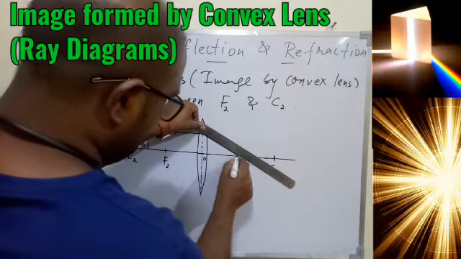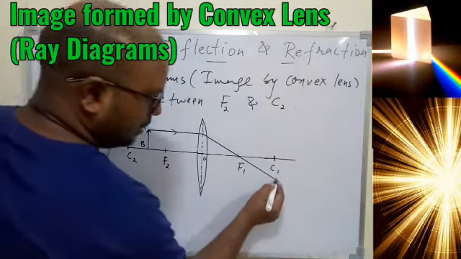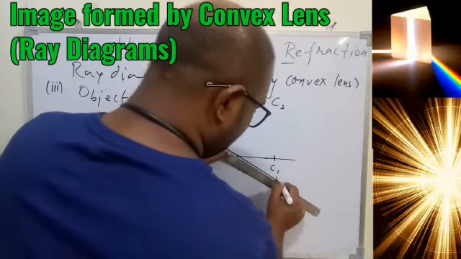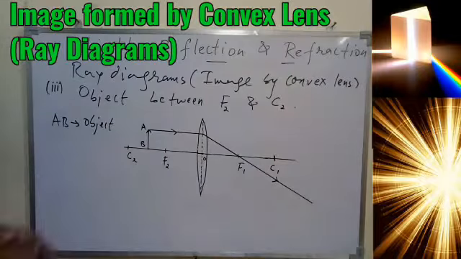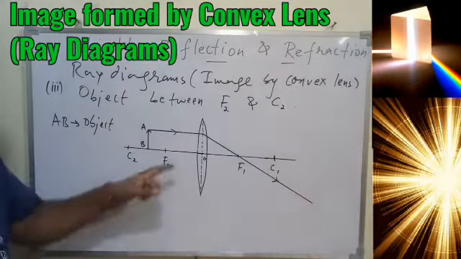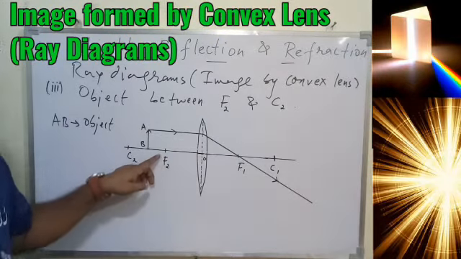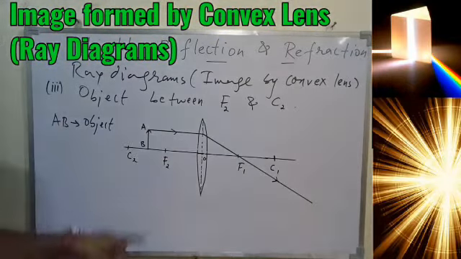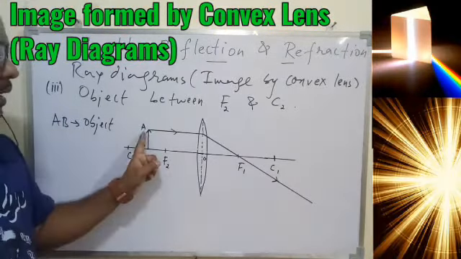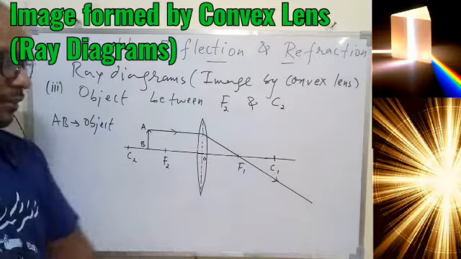Again be careful in the ray diagram, and try to extend the line to the maximum, because we don't know where the two rays will meet together. Now we need one more ray of light. This is the first ray only, so let's take another ray. We can take it through F2, or through the optical center. If you take it through F2, it will become parallel. If I take it through O, it will go straight away.